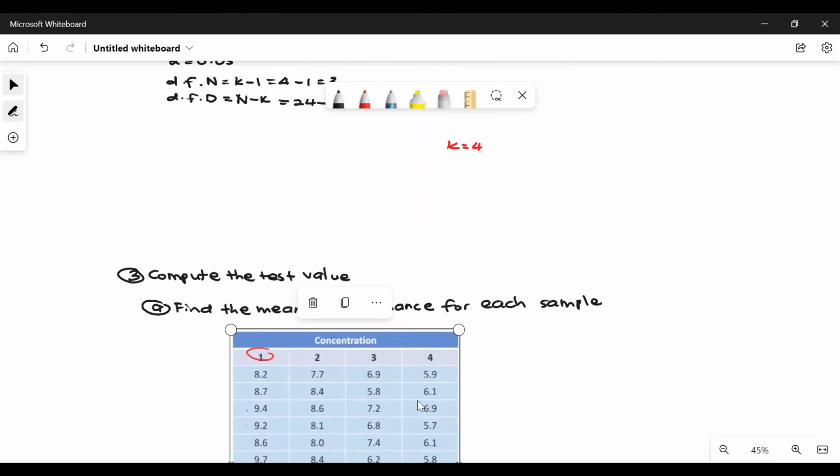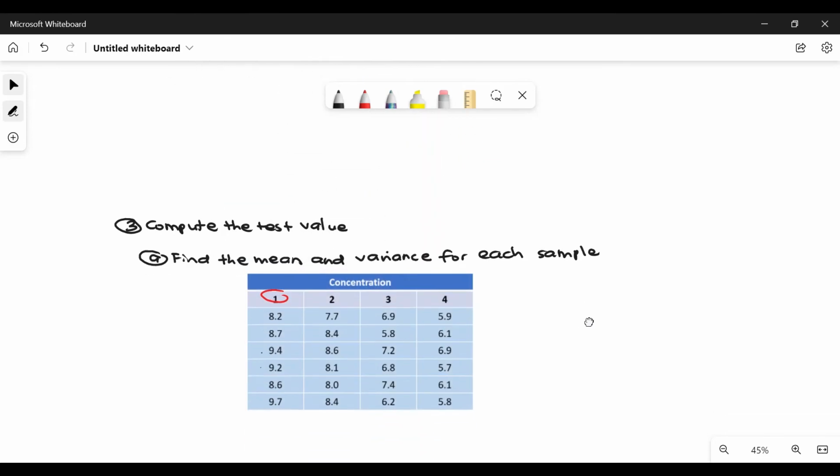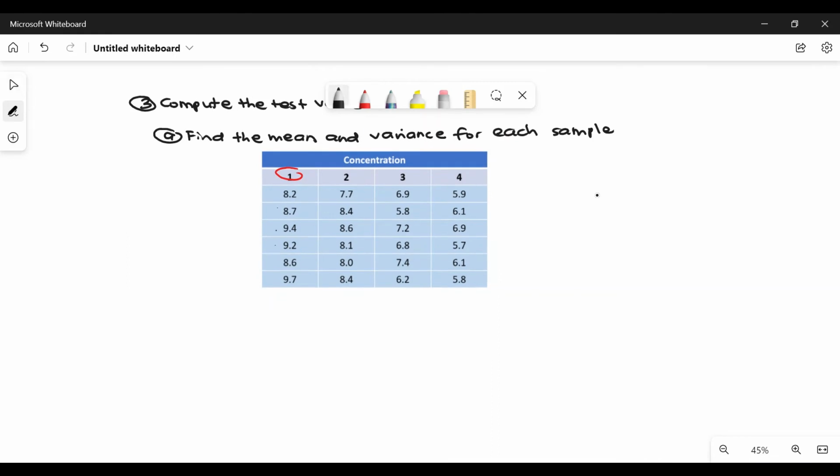So let me just bring this to the... So you can just use your calculator to find the mean for each sample.